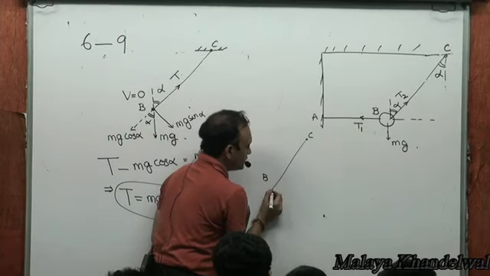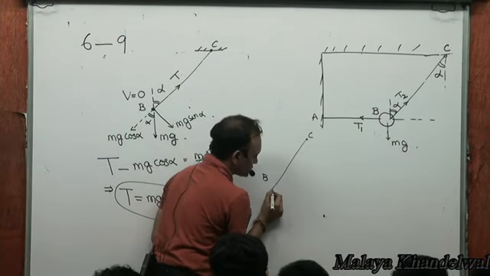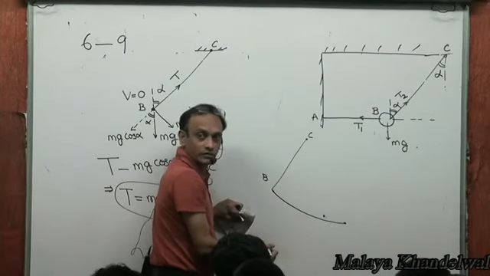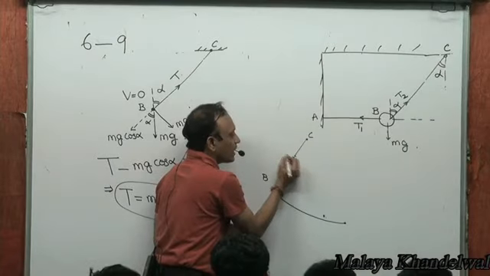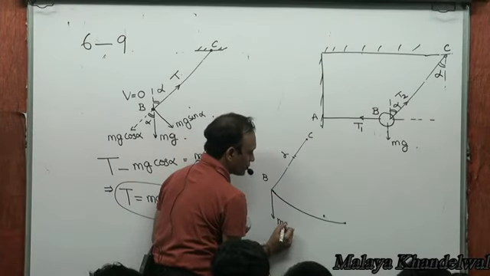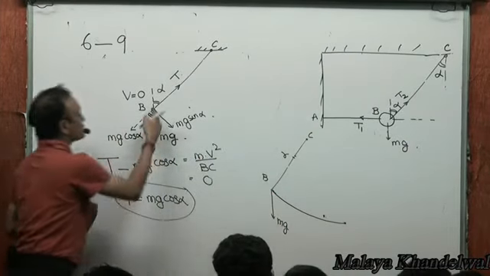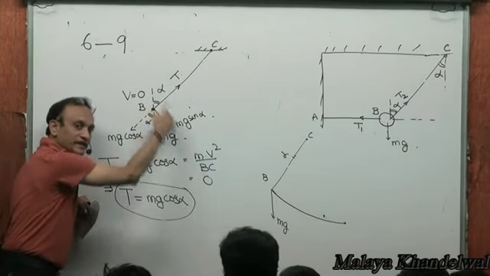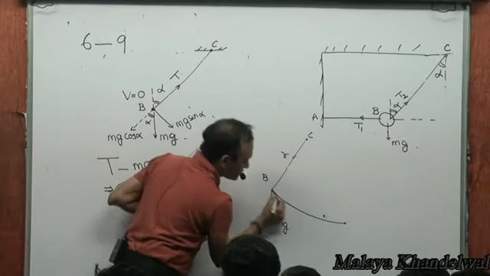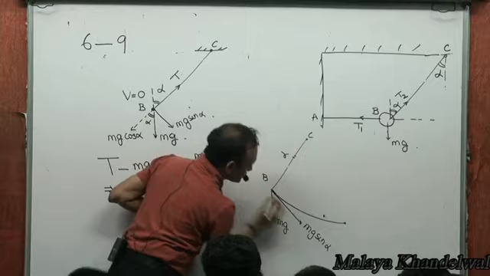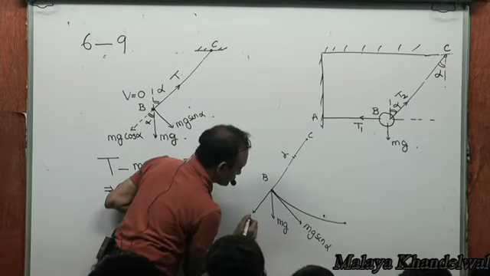This is B. B will move in a circle of radius R, where R is BC. mg is like this, resolved as mg cos alpha along the radial direction and mg sin alpha in the tangential direction.